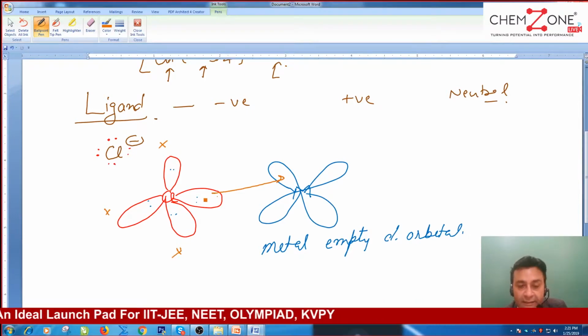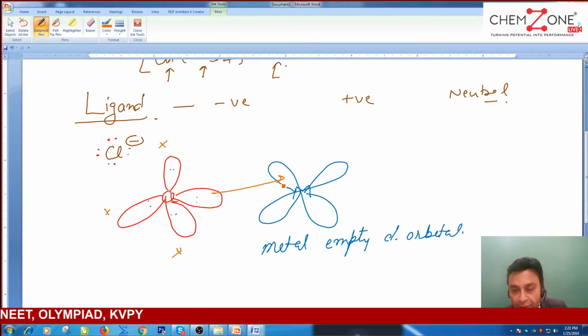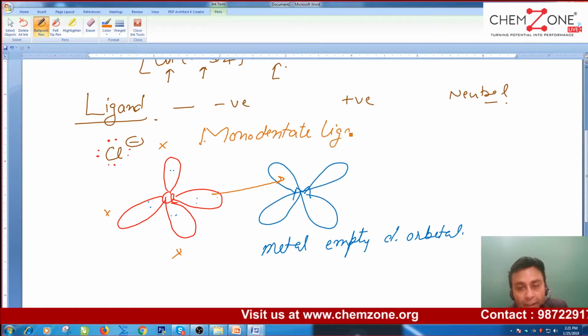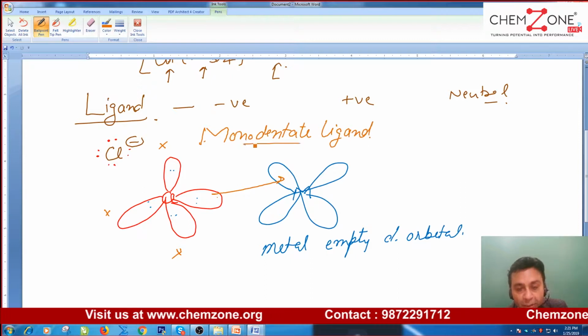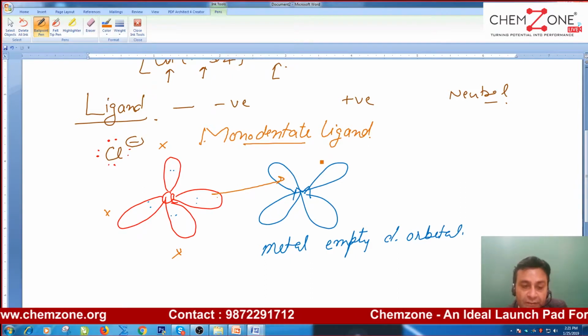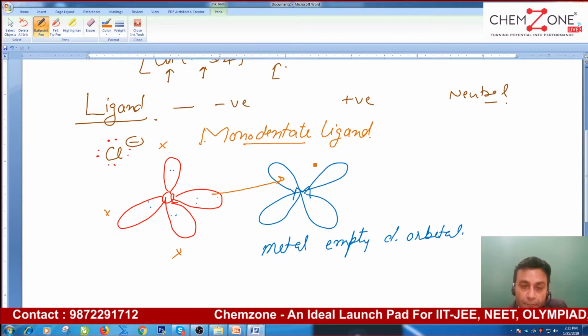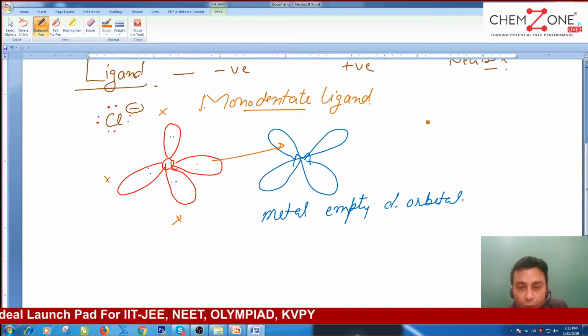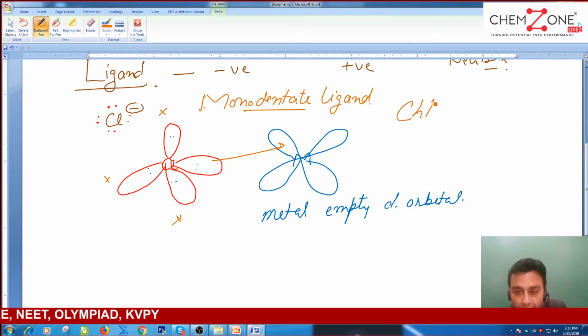Only one is in the direction where the empty orbital is. So this ligand is a monodentate ligand. Monodentate ligands are those which can donate only one pair of electrons to the central metal atom. Am I clear? And we call this ligand chloro or chlorido.